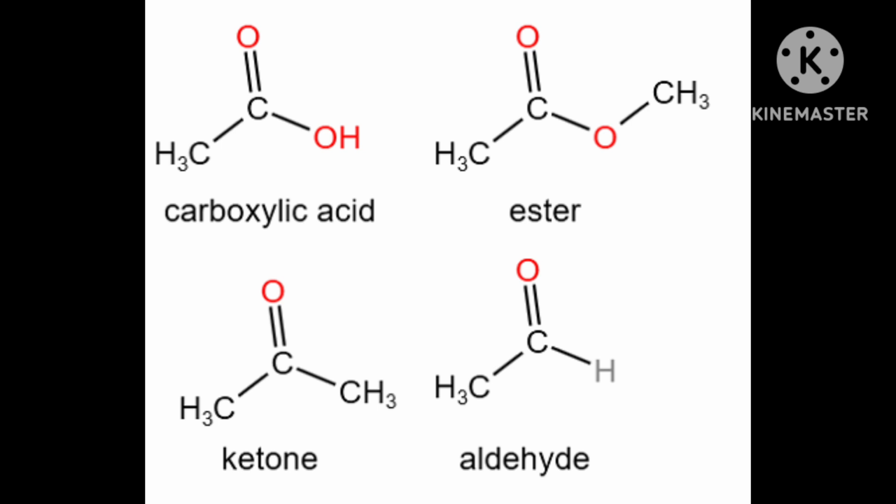Now come to the example of a ketone. Here just consider a 5-membered ring, that means pentane. In that ring one CO group is attached. From one carbon, oxygen is attached with a double bond, that means a ketonic group is attached.